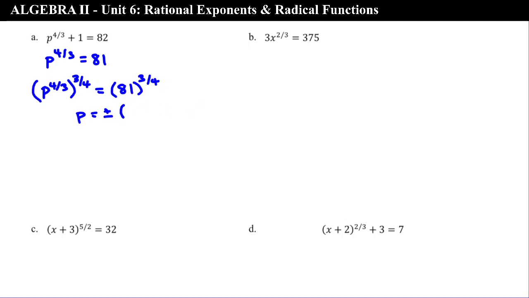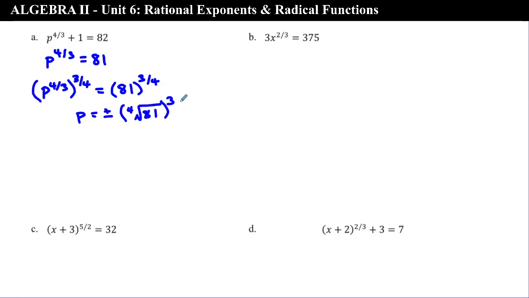And this is like saying the 4th root of 81 to the 3rd, or in other words, the 4th root of 81 taken to the 3rd, because I think finding the 4th root first is going to be easier.